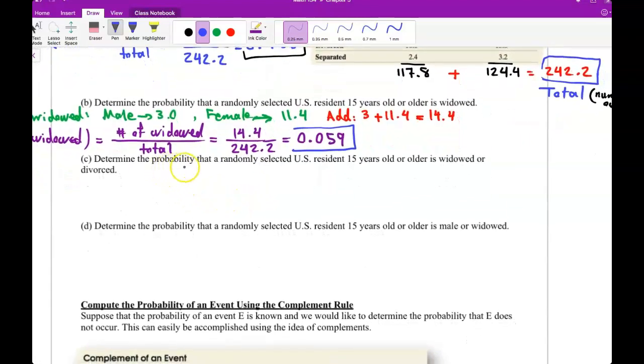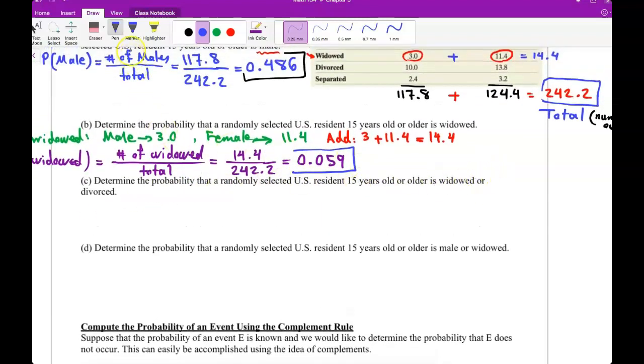Now, part C, determine the probability that the random selected US resident is widow or divorced. So we have or in between here on this part. So we have these two events, and we have or in between.